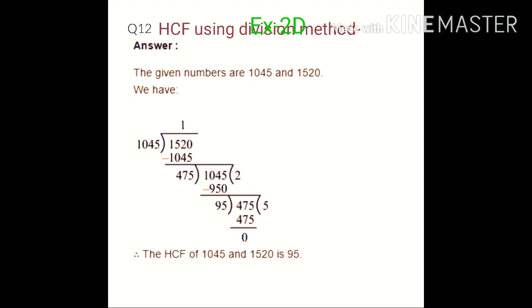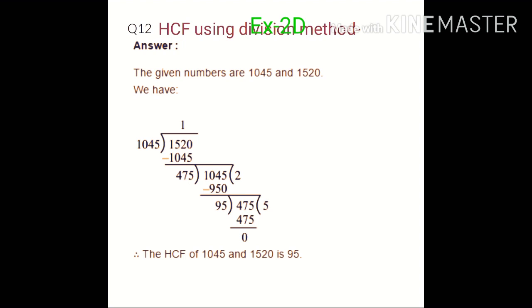So now the previous divisor, that is 1045, becomes the dividend. Again after dividing, we are getting a remainder 95. Again this 95, the remainder, becomes the divisor, and 475 becomes the dividend. After dividing, we get the remainder 0. So when we get the remainder 0, the divisor becomes our HCF. So the HCF of both the numbers is 95.